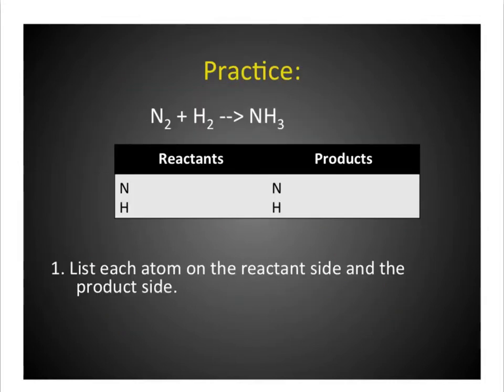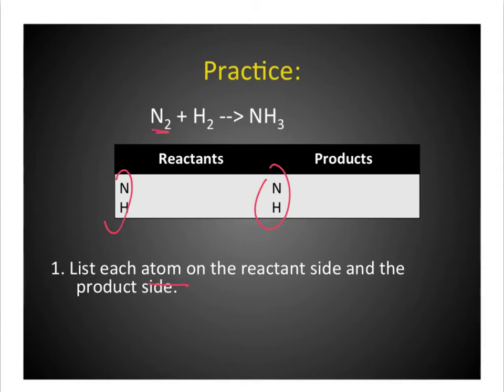We want things to be the same. Okay, so looking at your screen, you should have something set up similar to this. If not, maybe you might need to add in these little numbers or letters here. So the first step in balancing a reaction is to write down what atoms you have on each side.